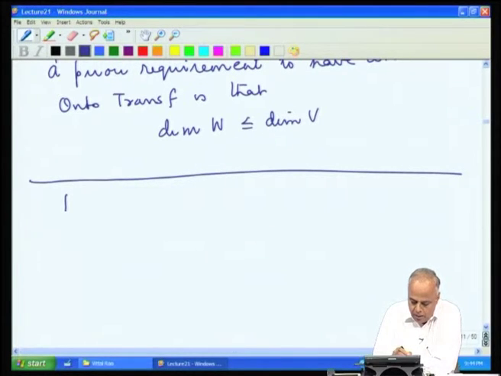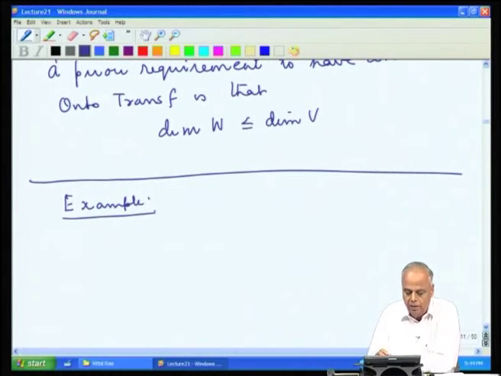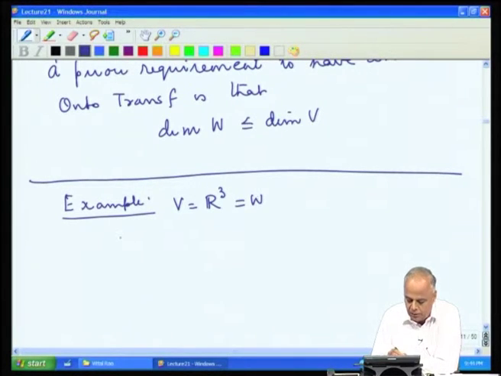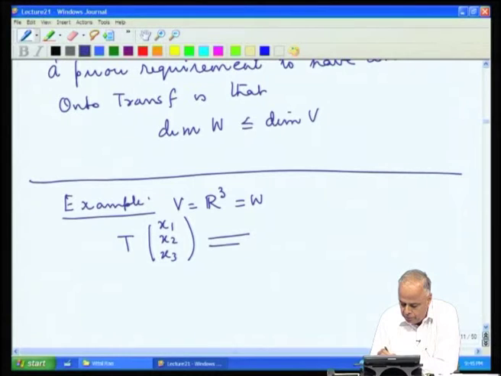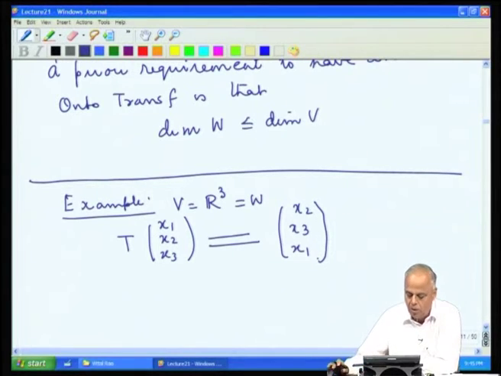Now, let us look at a simple example. Let us consider the first example we had for 1-1 transformation again. So, we have V equal to R 3 and we take W also R 3 and we define T as x 1, x 2, x 3 going to the vector x 2, x 3, x 1, a permutation of the coordinates.